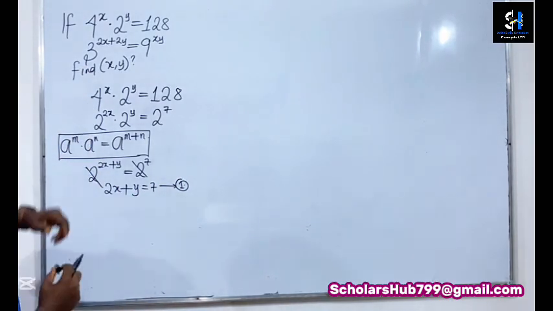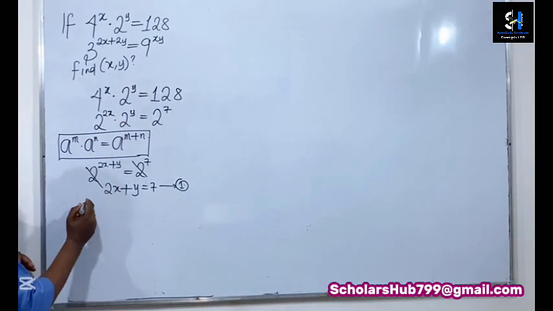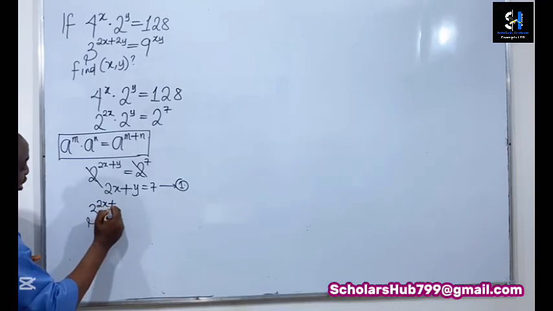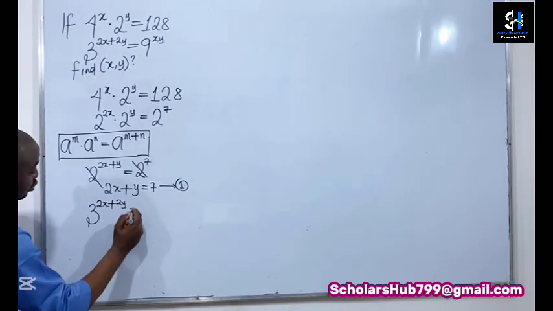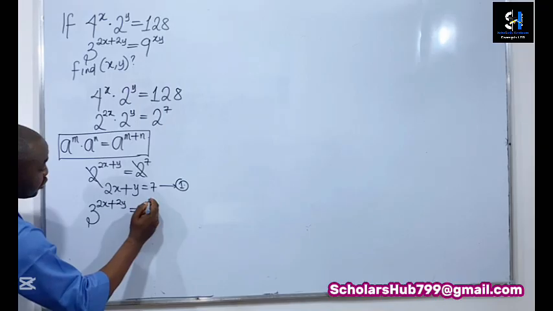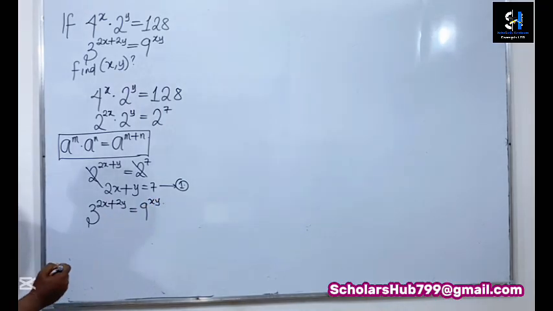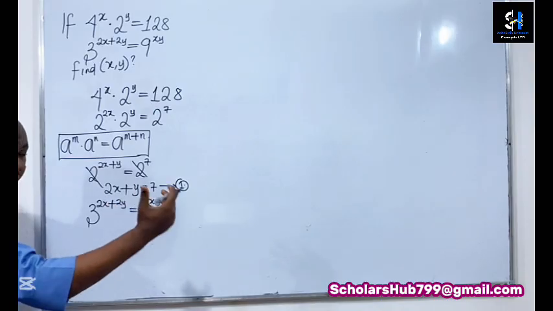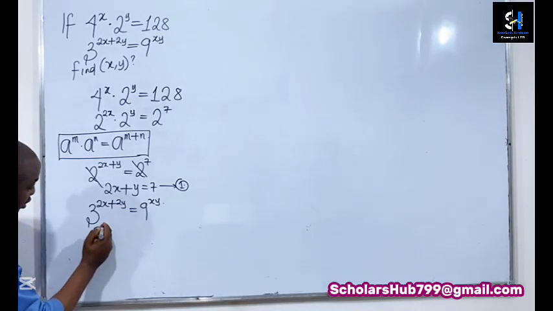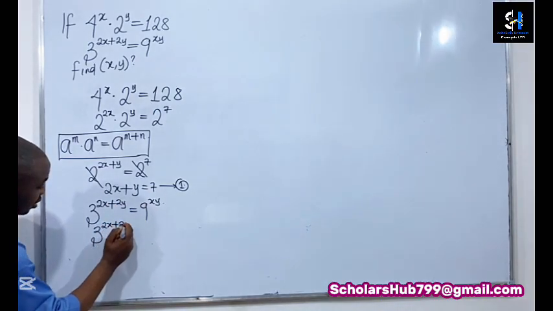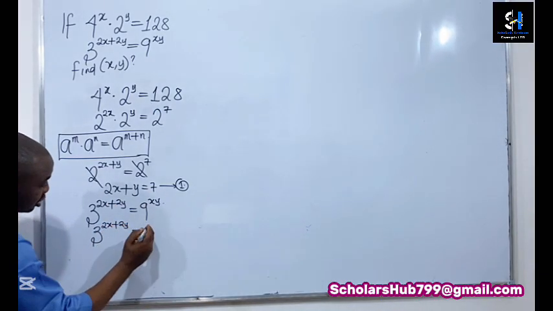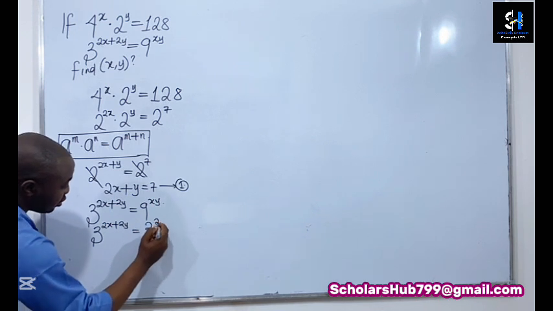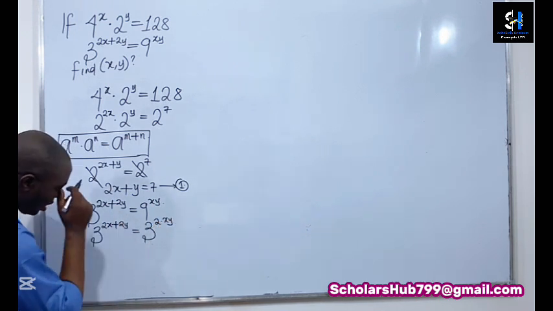Okay, then for the second equation, the second exponential equation, we have 3 raised to the power of 2x plus 2y equals 9 raised to the power of xy. Okay, this can be written in terms of 3 raised to the power of 2. So we have 3 raised to the power of 2x plus 2y on the left hand side equals 3 raised to the power of 2 times xy.